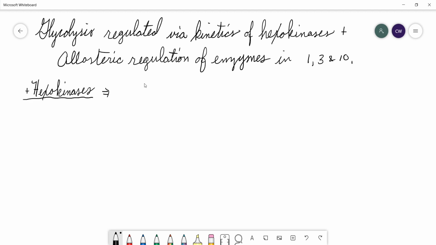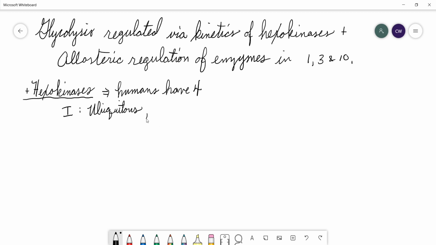We have 4 of these different proteins, so we're going to go over each one. Hexokinase 1 is a ubiquitous enzyme, which means it's found at least in some concentration pretty much everywhere in your body.